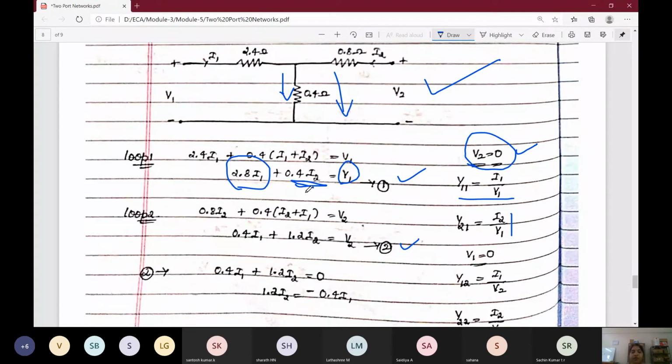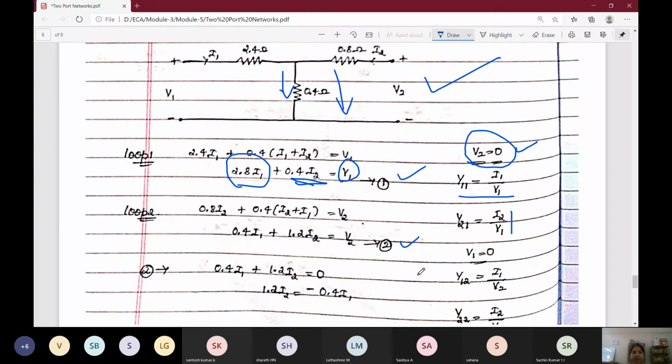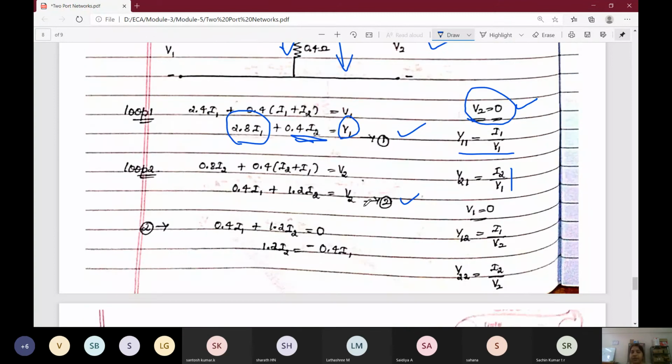To remove I2, what will we do? Consider equation 2. In equation 2, we can make V2 0. While making V2 0, remember we are finding Y11 and Y21. To find Y11 and Y21, V2 is made 0. So we write 0.4 I1 plus 1.2 I2 is equal to 0.